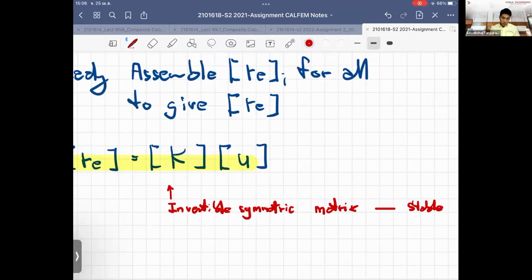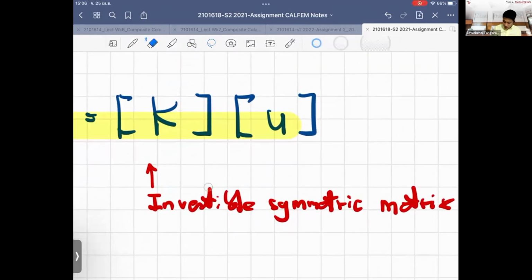So you have a good structure model, so it can be inverted, invertible.